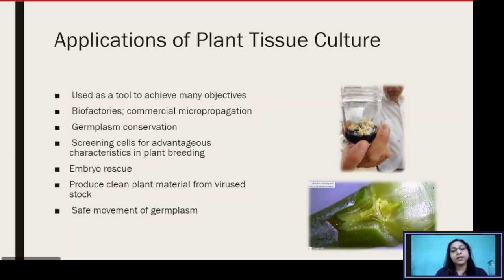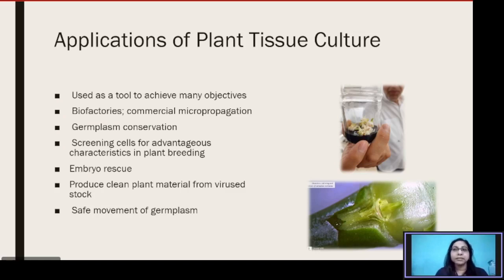If you have a field of diseased plants, you can take the apical meristem tip from any plant within that field and culture it, and it's supposed to be disease-free. So you can get a disease-free, clean plant within one generation by using this technique.